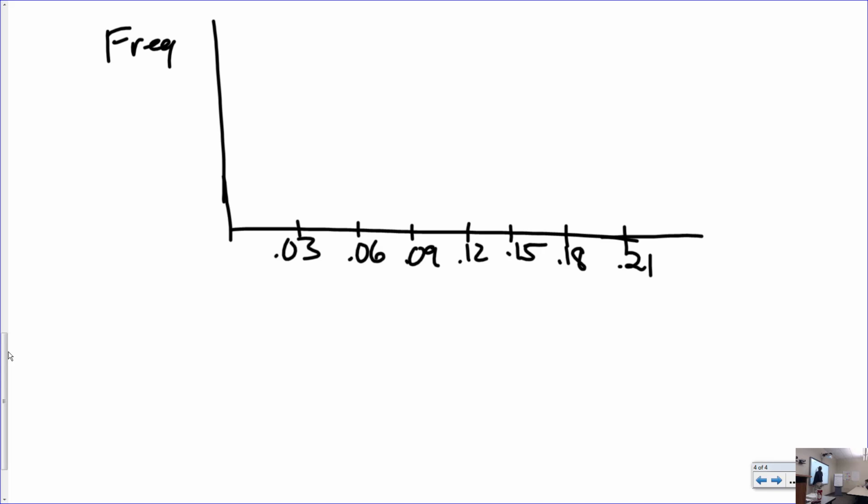And our frequencies, perhaps a little exaggerated, but whatever. So how much data did we have at the 0.03 level? Nothing. So therefore, where do I put the dot? Yeah, right at the bottom of the line. Now 0.06, how much data did I have?